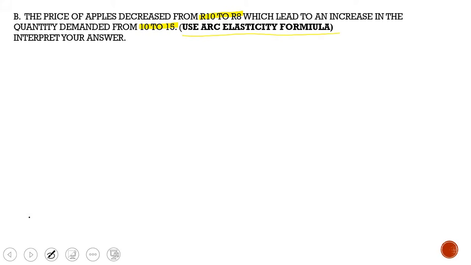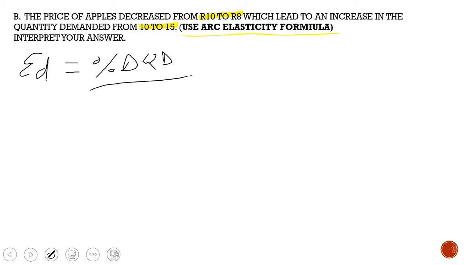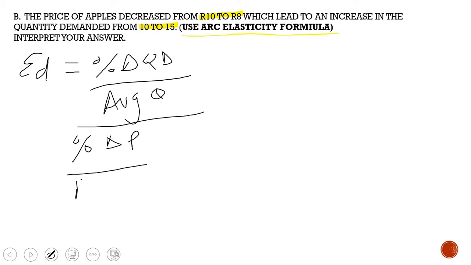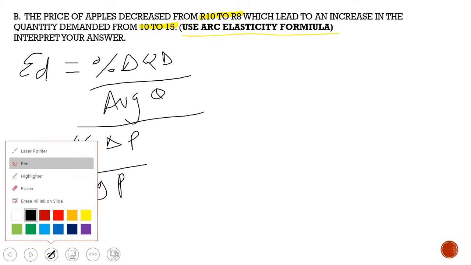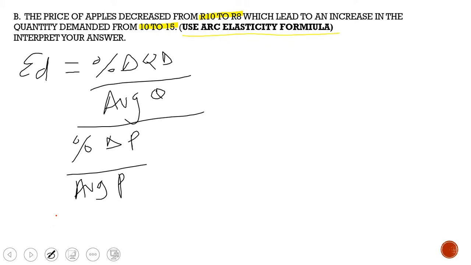So E of D is equal to the percentage change in the quantity demanded over your average quantity all over the percentage change in your price over your average price. Okay, so I'm just going to use two different colors.